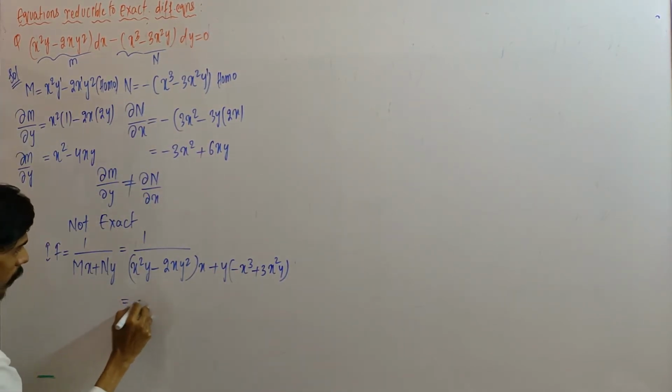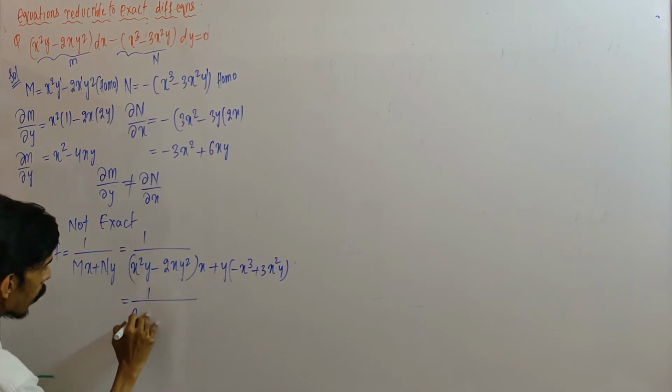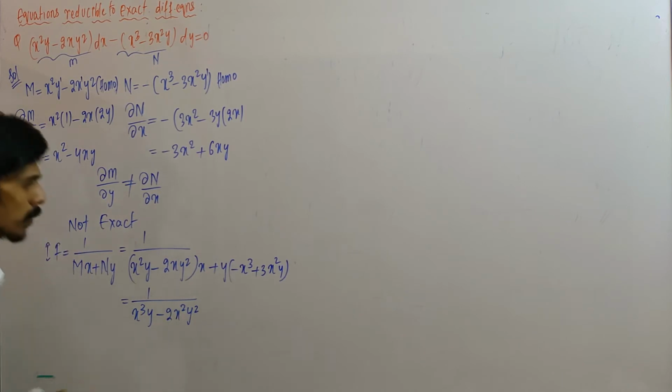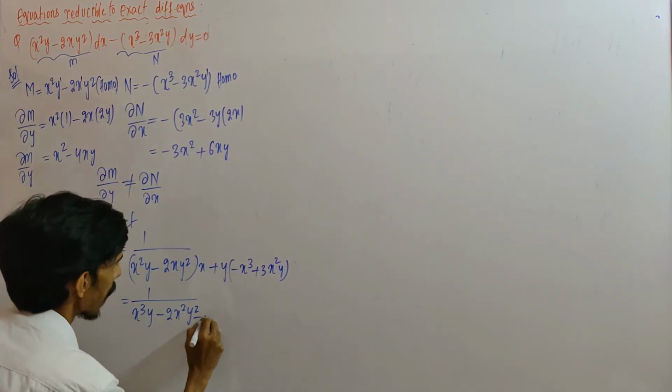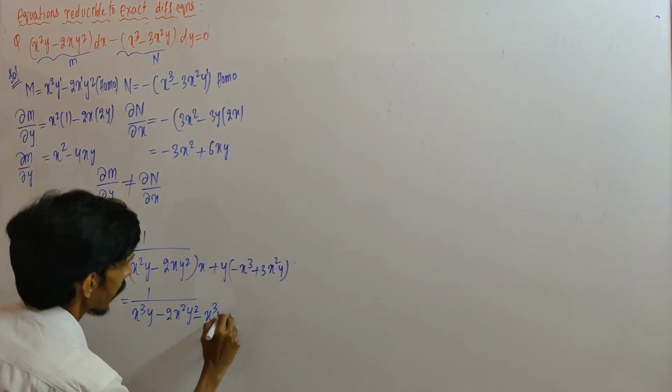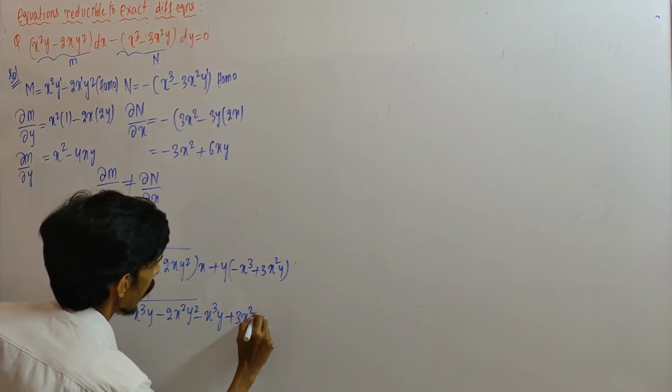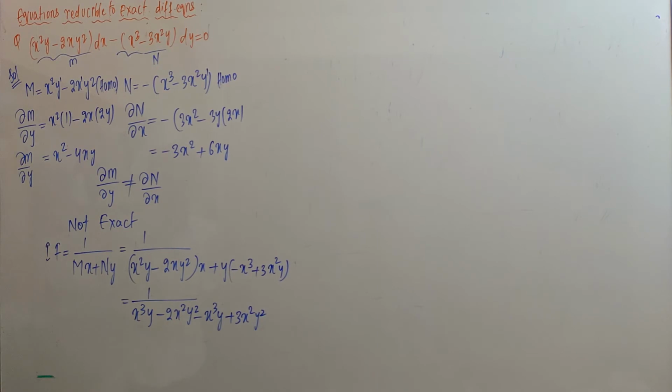So here I'll get 1 by x cubed y minus 2x squared y squared, minus x cubed y plus 3x squared y squared.